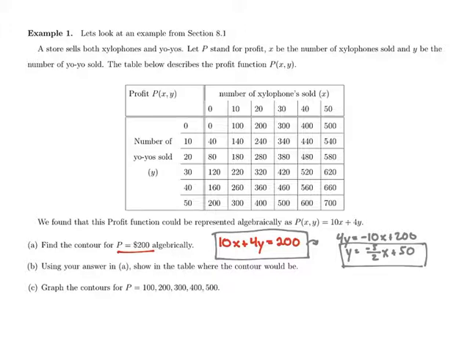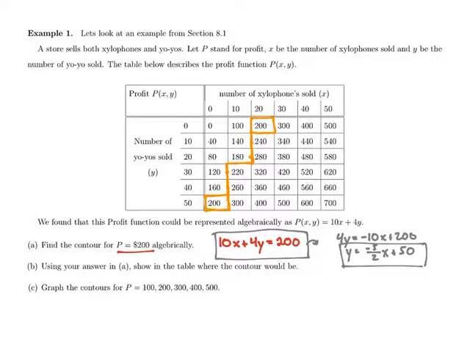Thinking about where this is in the table, where would that contour be? Now, it's kind of weird to think about it in the table, but we know some values of exactly 200. And then we can say that 200 is going to be in between these values. So maybe we have something like this.